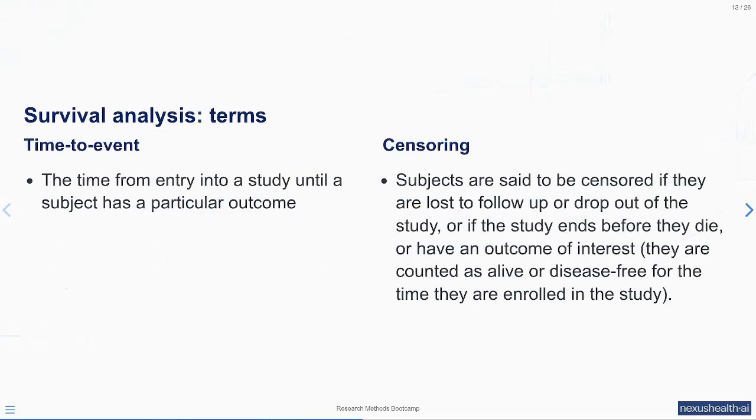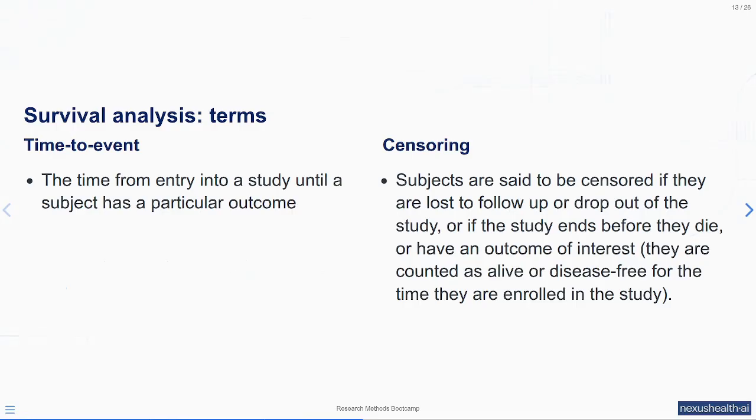So we'll look at some terms. You've heard us use time to event, you've heard us use censoring. Time to event is the time from entry into a study until the subject has a particular outcome. Subjects are said to be censored if they are lost to follow-up or drop out of the study, or if the study ends before the event of interest is seen.